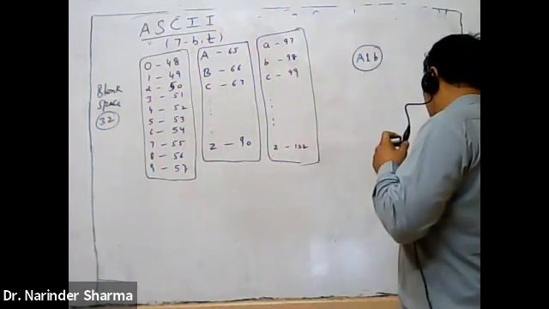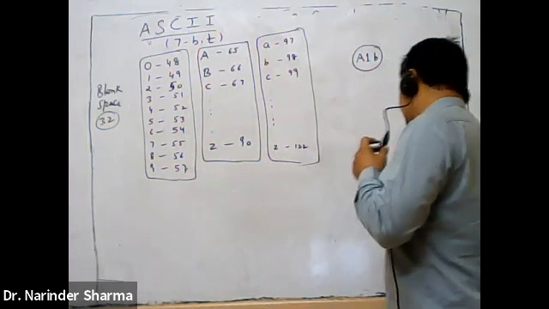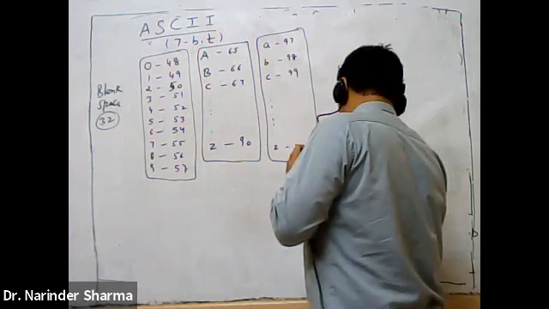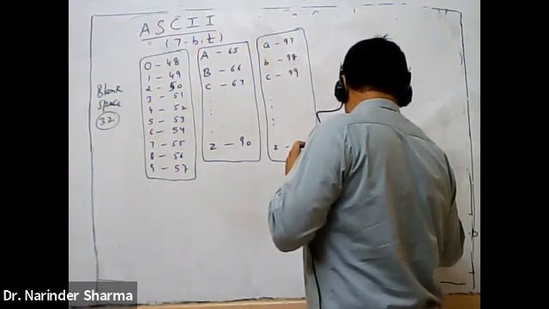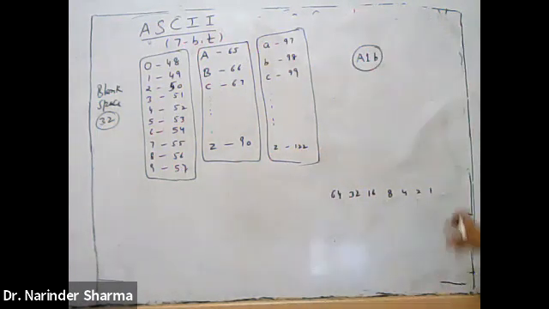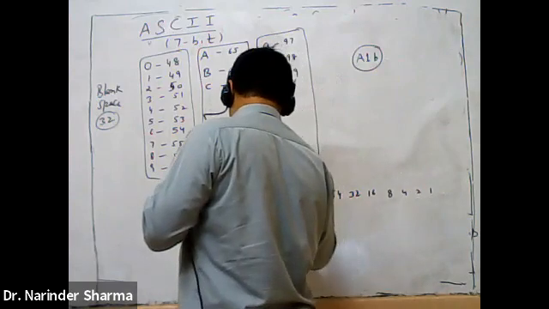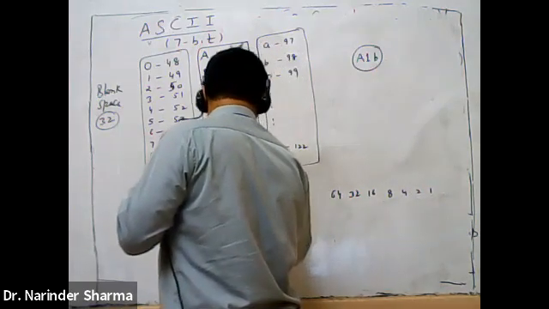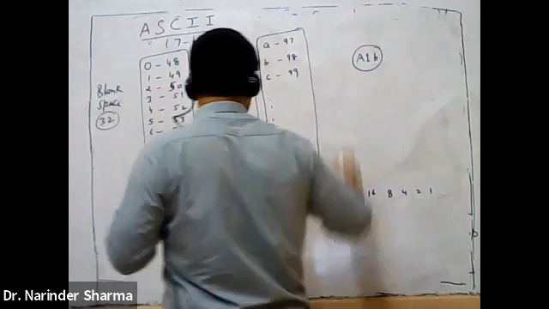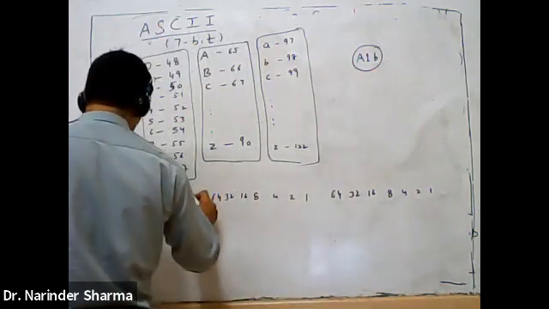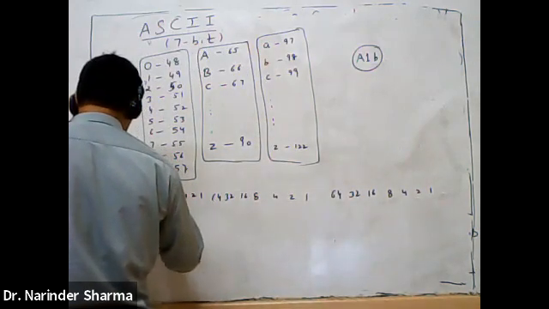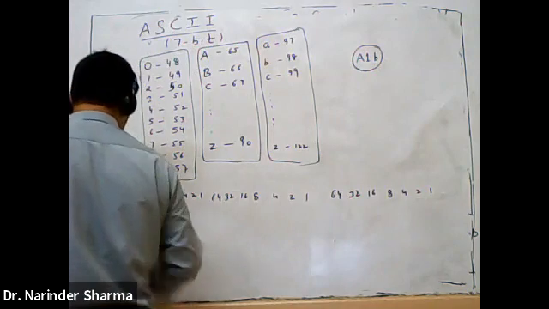I have to write here 1, 2, 4, 8, 16, 32, 64. One time, 3 digits are there. 1, 2, 4, 8, 16, 32, 64. Then again 1, 2, 4, 8, 16, 32, 64.